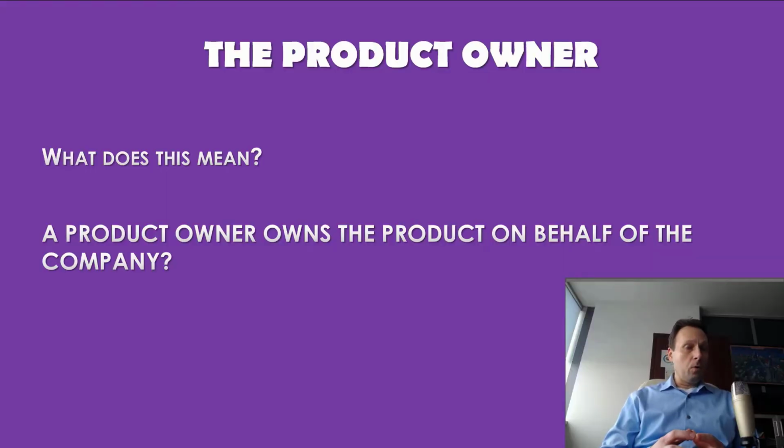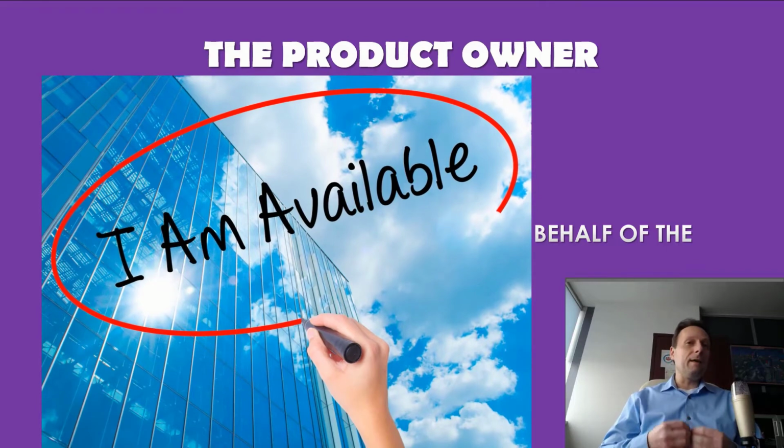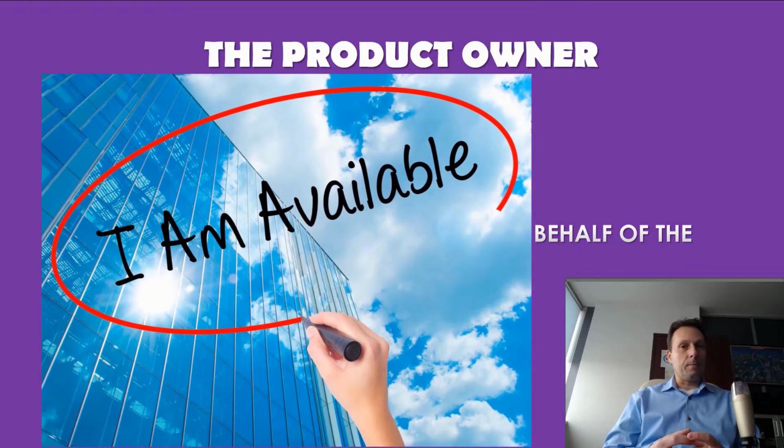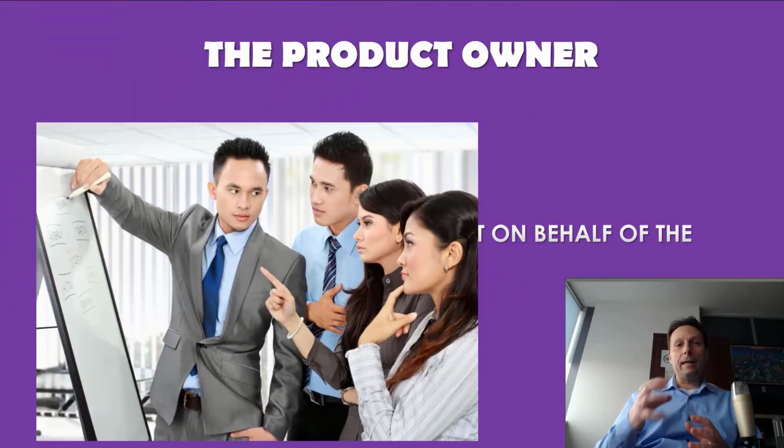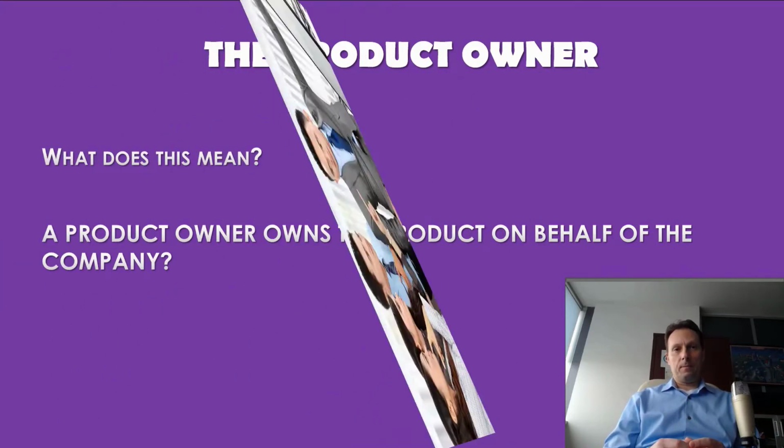The product owner role requires an individual with certain skills and traits, including availability, business savvy, and communication skills. So first, a Scrum product owner needs to be available for his or her team. The best product owners show commitment by doing whatever is necessary to build the best possible product. That means being actively engaged with their teams.